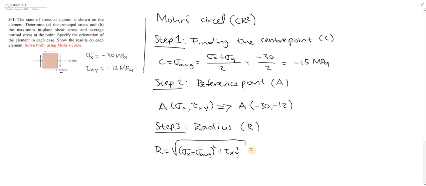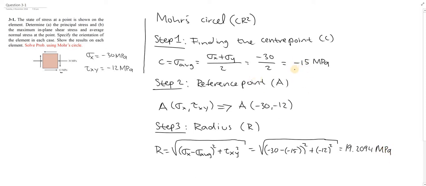We already have all these values, we just plug them in: minus 30 minus minus 15, squared, plus our negative 12 squared. We'll find that this is 19.2094 megapascals.